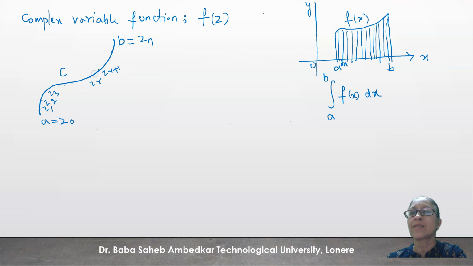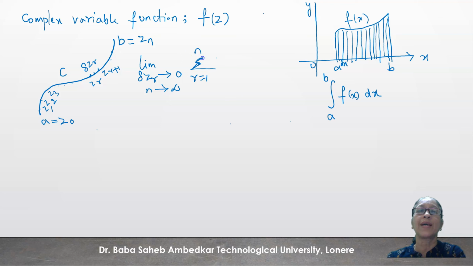Then this is delta Zr, between Zr and Zr+1. Here delta Zr is nothing but Zr+1 minus Zr. Then if you consider the limit as delta Zr tends to 0 and n tends to infinity, summation r equal to 1 to n of f(lambda r) delta Zr.